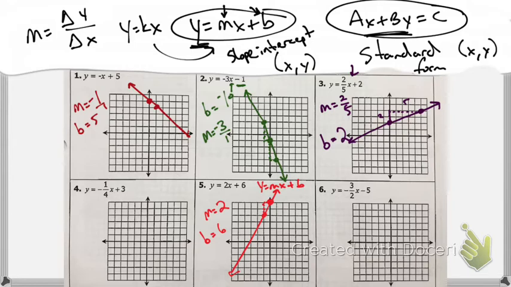So, Leah, you get to tell me what to do. So what am I going to do and why for number 4? So we know our y-intercept is 3. Okay, so what do I do with that? You put that point on 3, 0. Oh, you meant 0, 3.